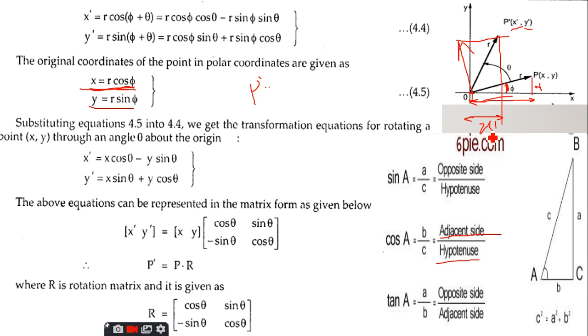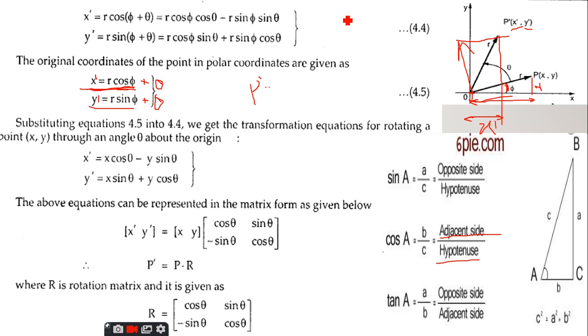Then x dash is equal to, similarly, adjacent divided by hypotenuse, that is r cos(phi plus theta), and y is equal to r sin(phi plus theta). Here we have to find theta, add theta to this, and find x dash and y dash, whatever the angle after rotation.